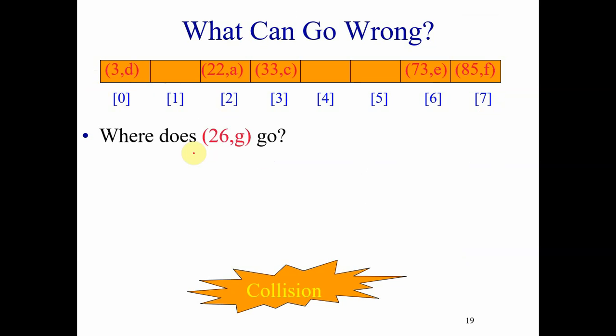It will map to the same location as 22, which is already occupied, right? So we need to find a way to solve it, and the problem here is called collision.